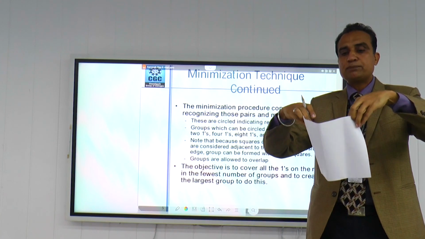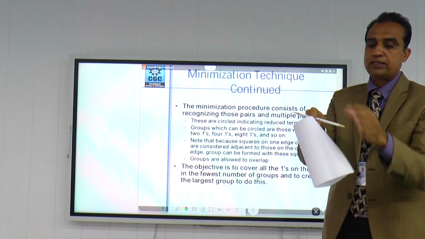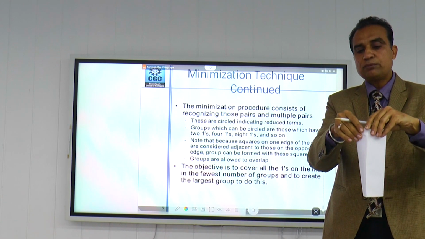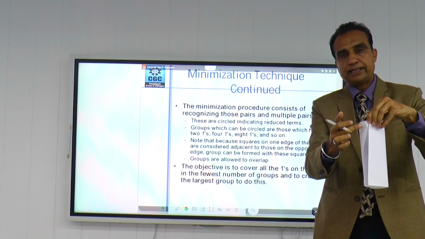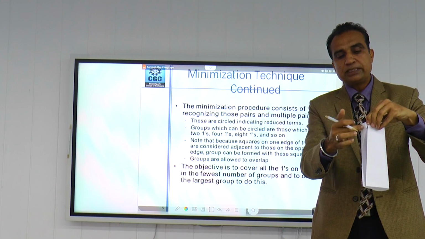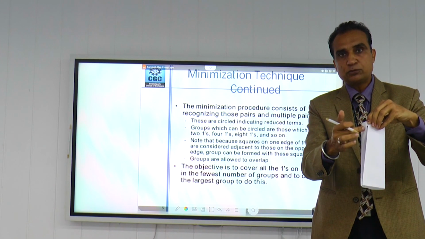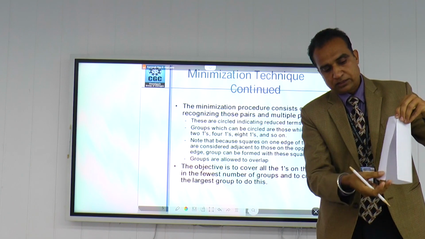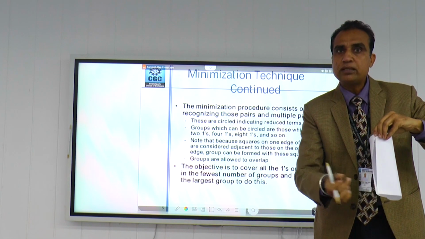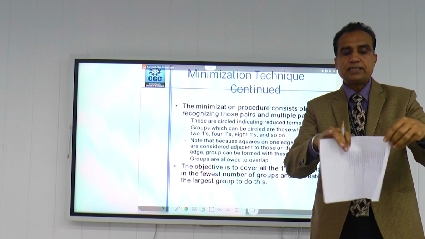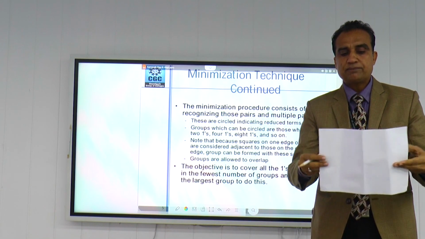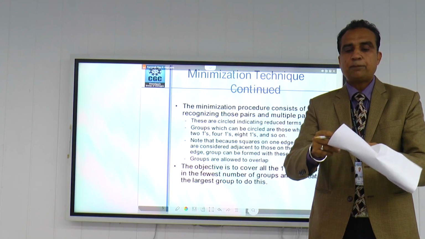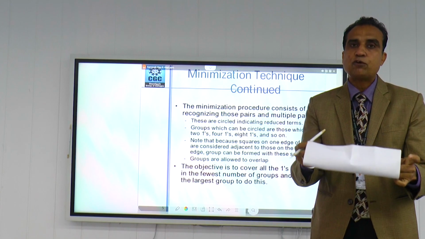If I fold this paper into cylindrical form like this, now these two boxes form a single group. Now these two corners become adjacent to each other, so they can form a single group. Similarly, the corners at the lower side can form a single group. Similarly, I can fold this paper horizontally, then the upper and bottom corners can form a single group.